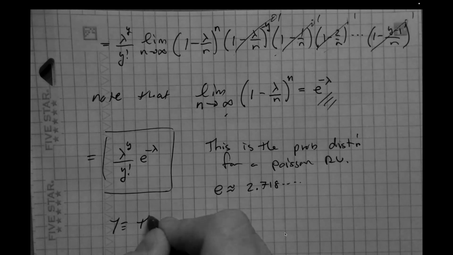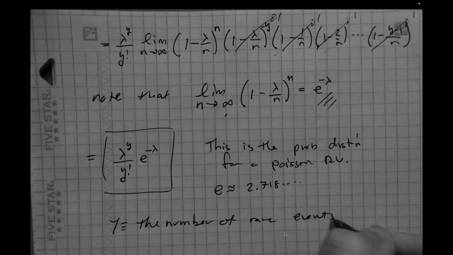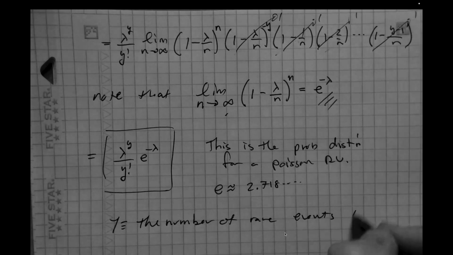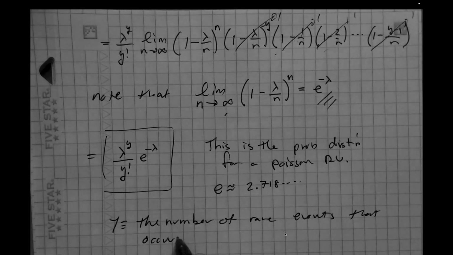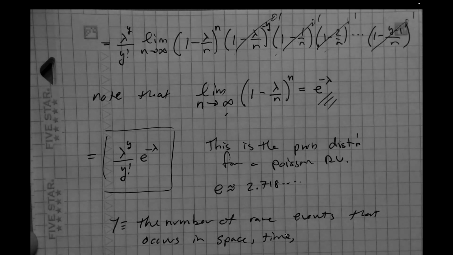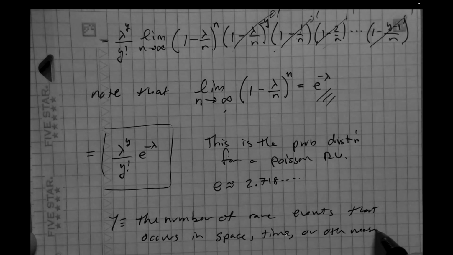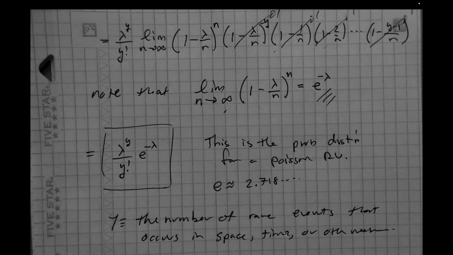So y is the number of, and we'll say rare events, like auto accidents at an intersection, that occur in space or time, or some other measure. So that's the Poisson distribution, similar to the binomial distribution, but in this case we let n go to infinity in the binomial distribution, and this is what we get.